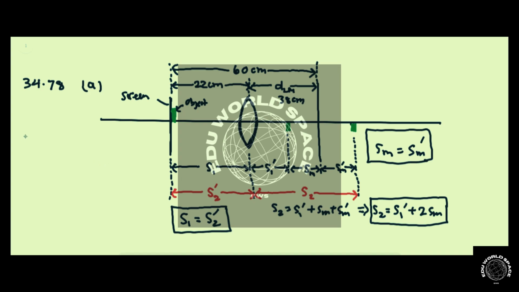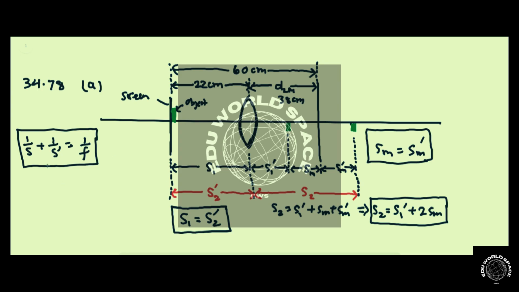of this particular lens. So let's remember we have this equation: 1 over s plus 1 over s prime is equal to 1 over f. So we will apply this equation 2 times, right? One set for s1 and s1 prime, and again for s2 and s2 prime.